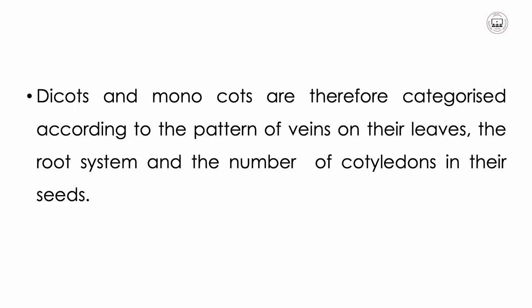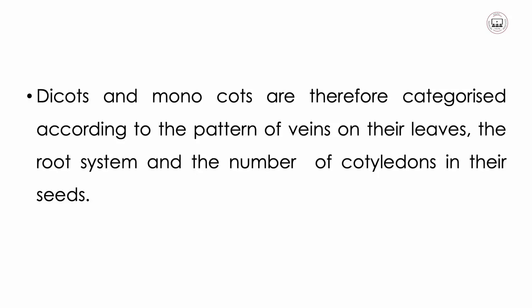To add more, you'll find that dicots and monocots are categorized according to the pattern of veins of their leaves, the root system, and the number of cotyledons in their seeds. So these three make the categorization of monocots and dicots.